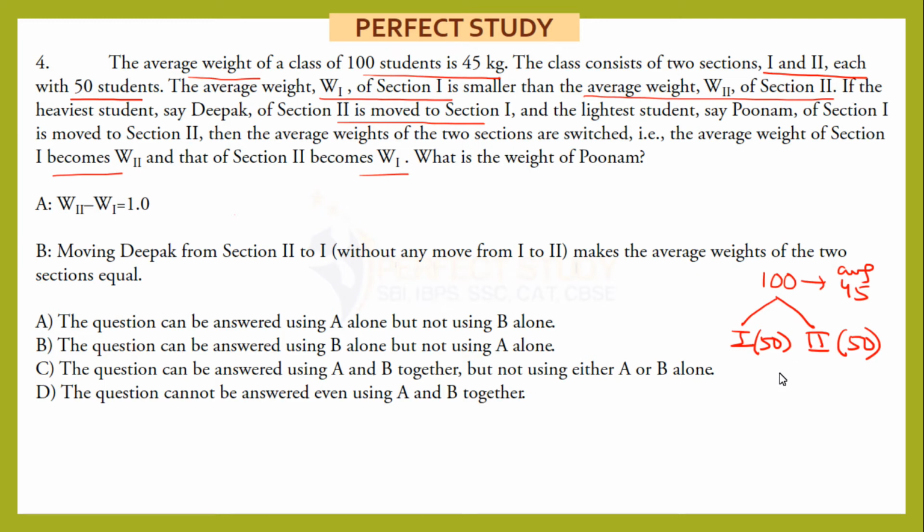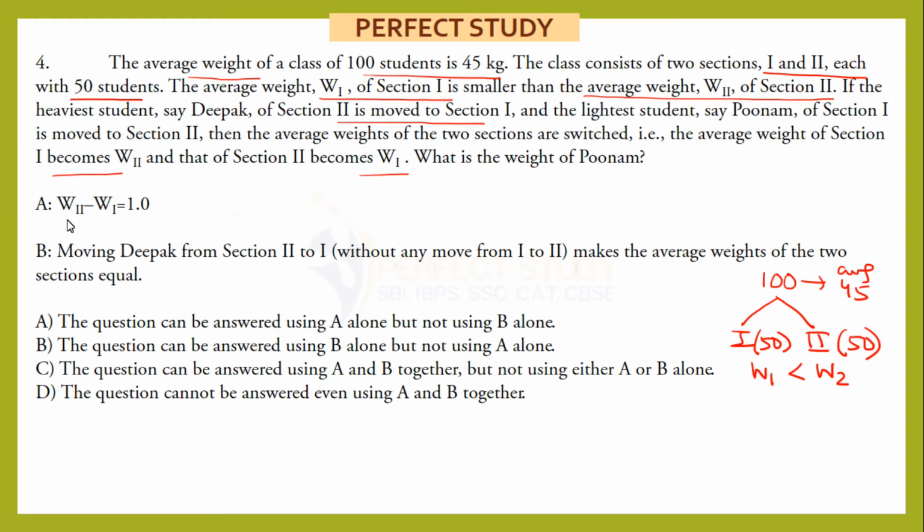So this W1 average is less than W2. Now the question also says that if we take the heaviest student of section 2 and move him to section 1 and the lightest of section 1 to section 2, the average weights will become switched. Means this will become W2 and this will become W1. We need to find the weight of Poonam.